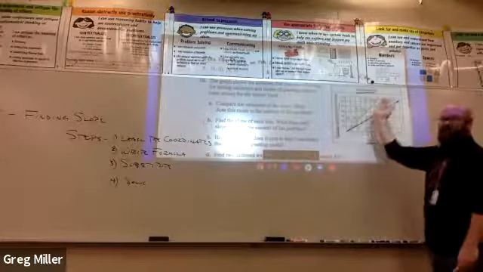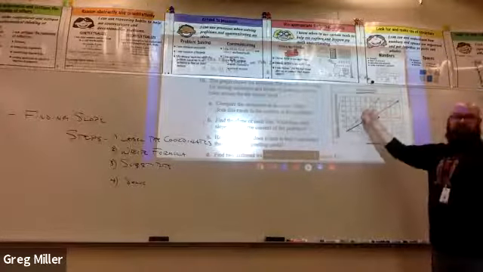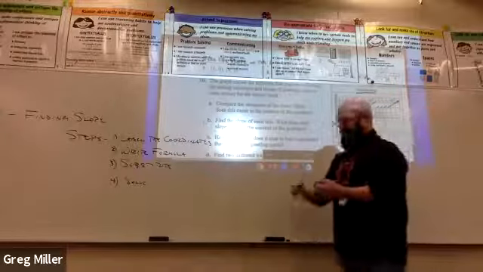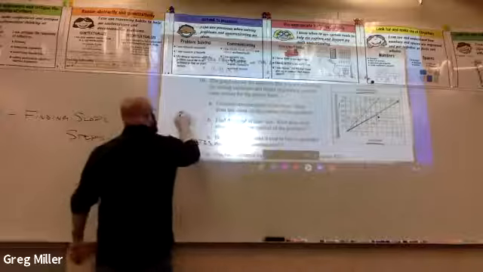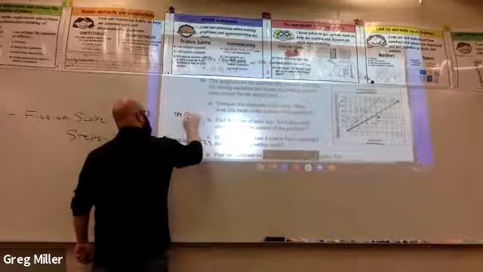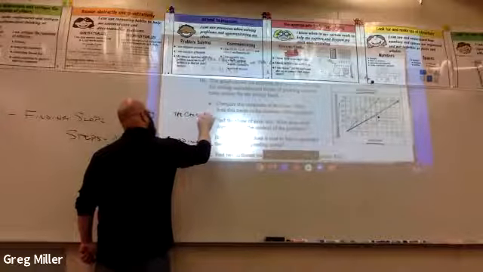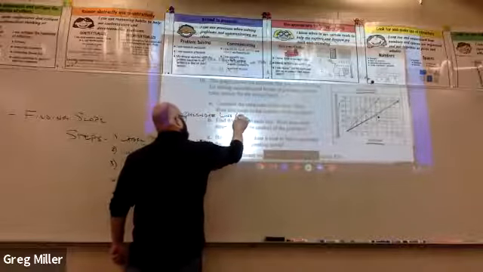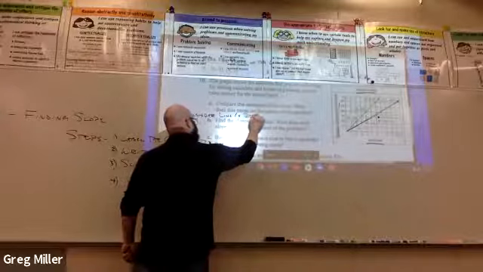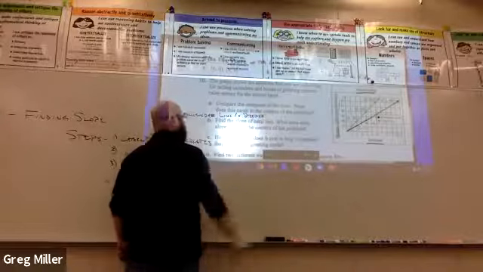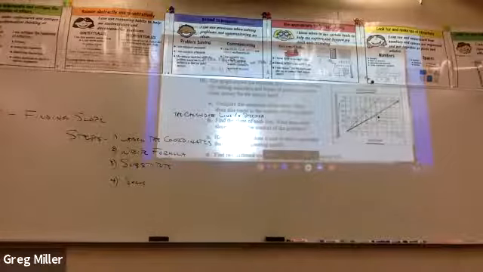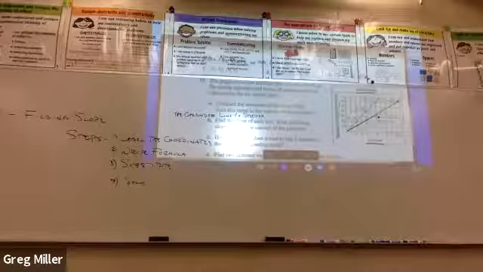Here's my calendar. It's closer to the vertical, isn't it? That's what we mean by steepness. So let's write that down. The calendar line is steeper. Okay, pretty simple so far.